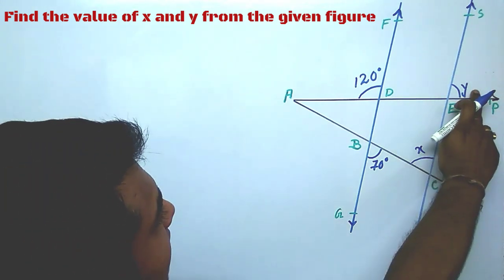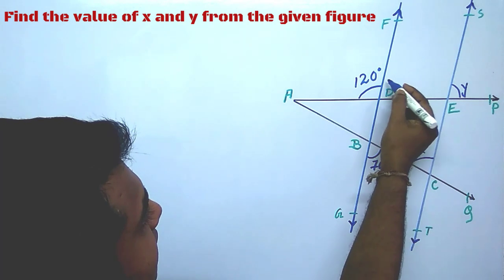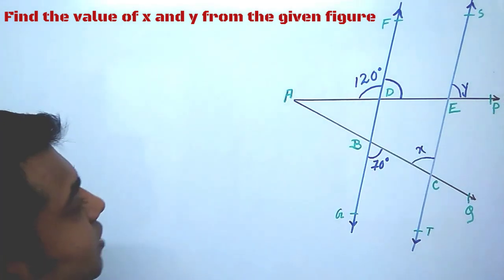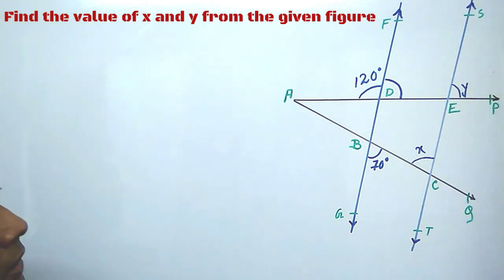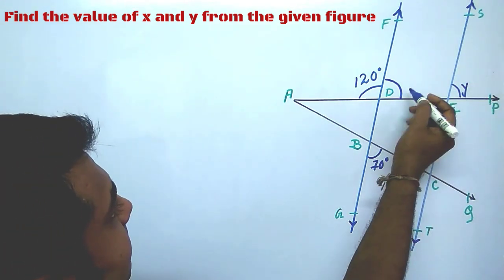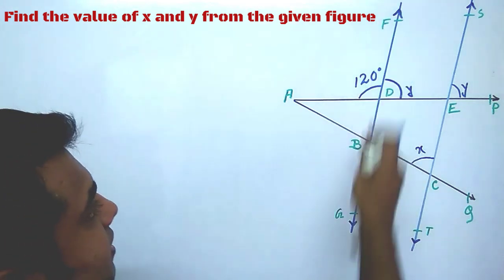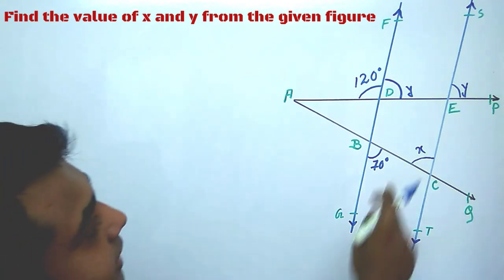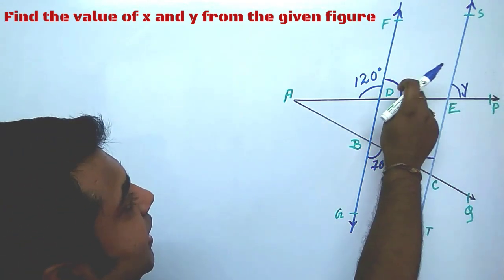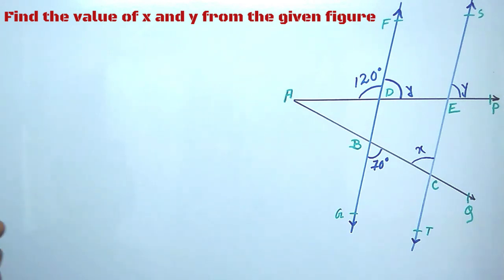See, this one is y, so that's why this angle will also be y because this one is a corresponding angle, right? So both the angles are the same. Corresponding angle, this one and this one, these two lines FG and HT are parallel. So we can say that these two angles are corresponding angles.